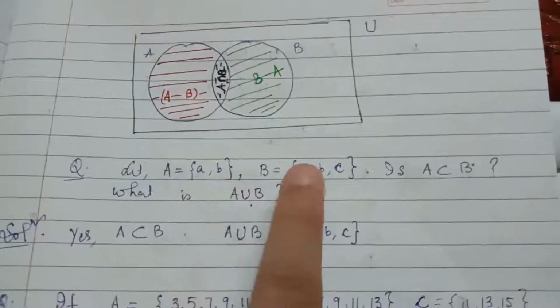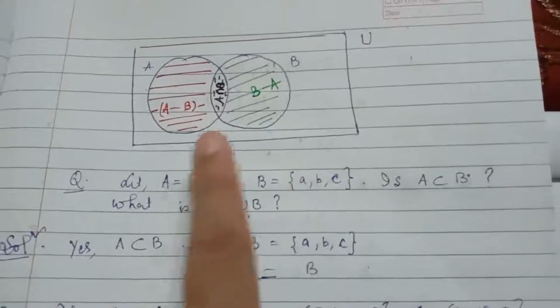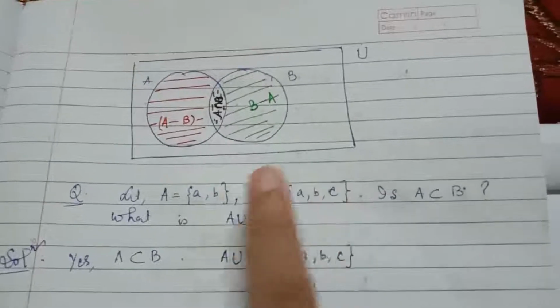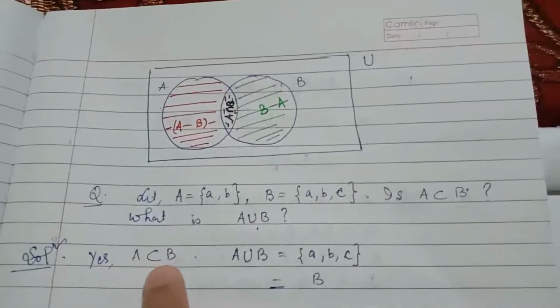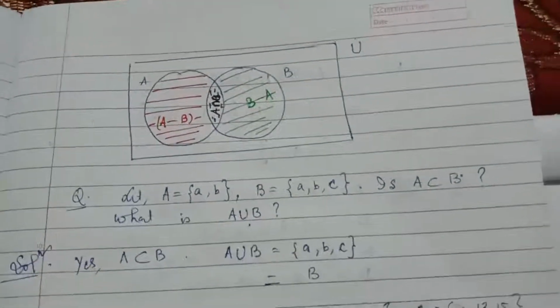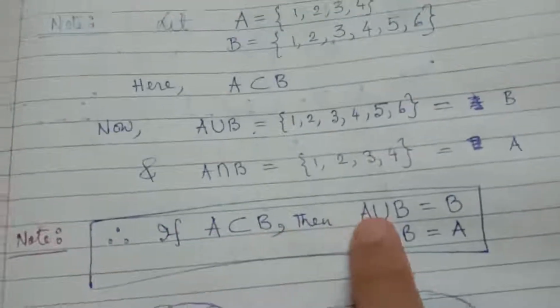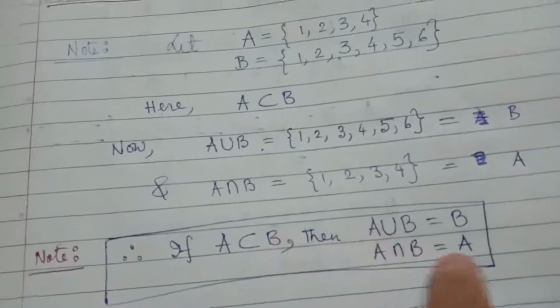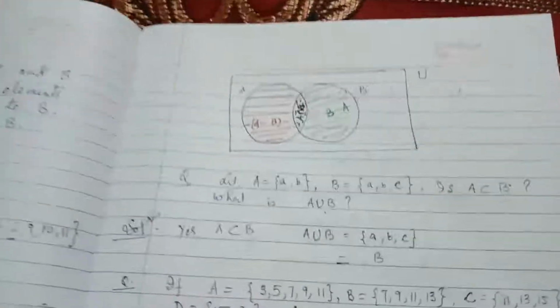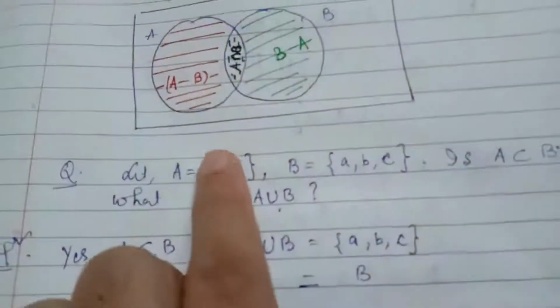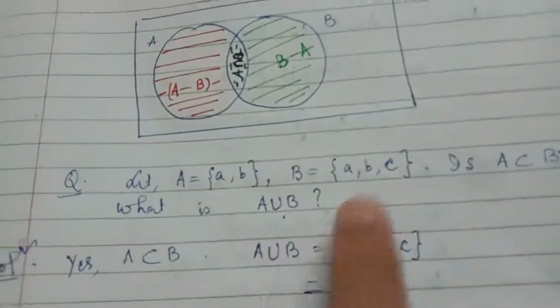Clearly, {a, b} and {a, b, c}, smaller set, bigger set, all the elements of A are also in B. Yes, A is a subset of B. And we already know if A is a subset of B, then their union is the bigger set and the intersection is the smaller set. So A is a subset of B, and their union will be the bigger set, B.